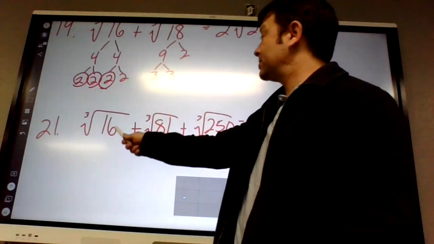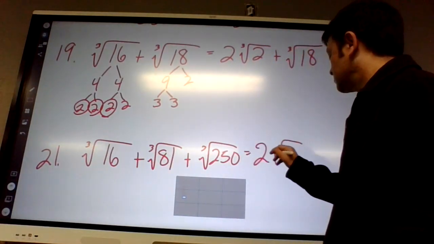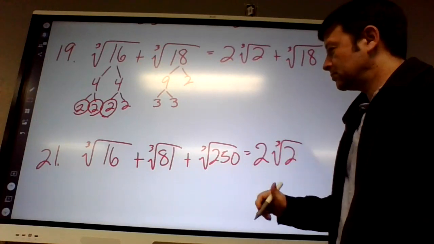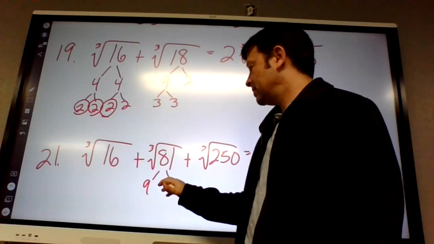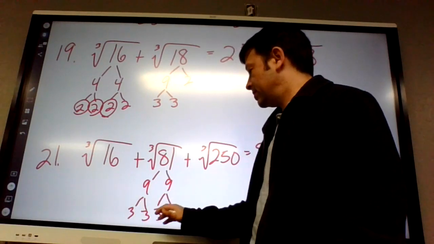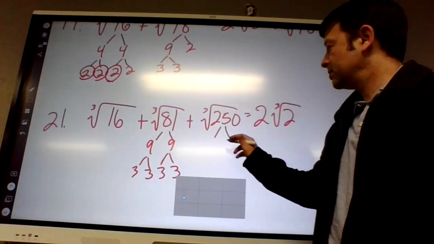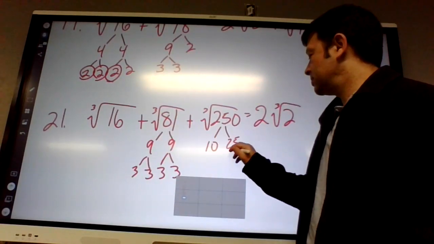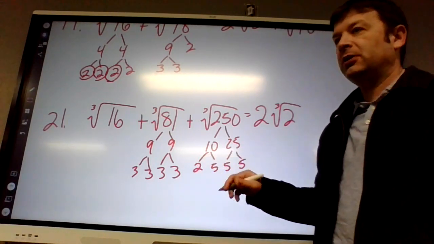What's the cube root of 16 going to turn into? 2 cube root of 2. Okay, what goes into 81? So 81 is made up of a bunch of 3's. What goes into 250? 10. 25 times 10. So there's a lot of 5's in this one.